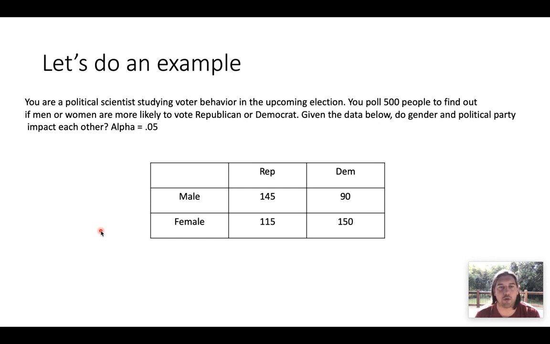Given the data below, do gender and political party impact each other? Alpha equals 0.05. So one of the things you're going to have to do is be able to read this prompt and decide, is that a goodness of fit or is that a test of independence?